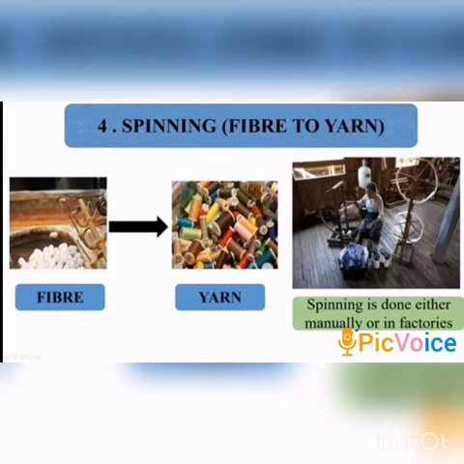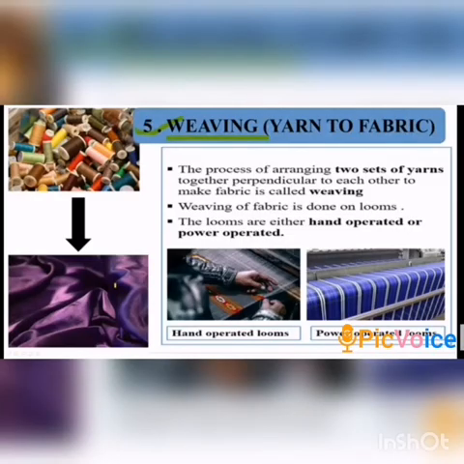Spinning is done either manually or in factories. What do you mean by spinning? The process of making yarn from the fiber is called spinning, which you have studied in your 6th standard. After getting the yarn by spinning, the yarns are converted into fabric.